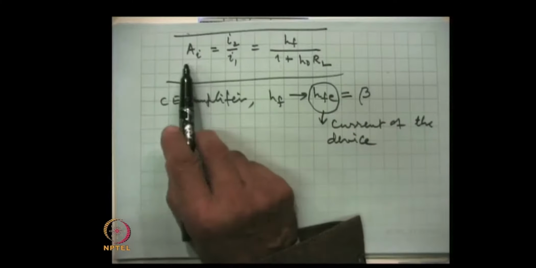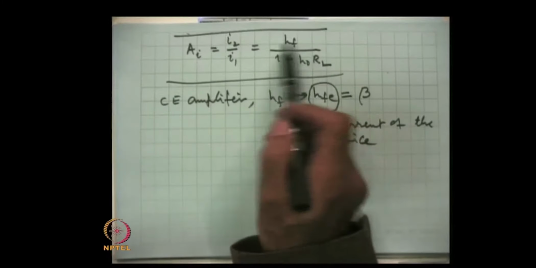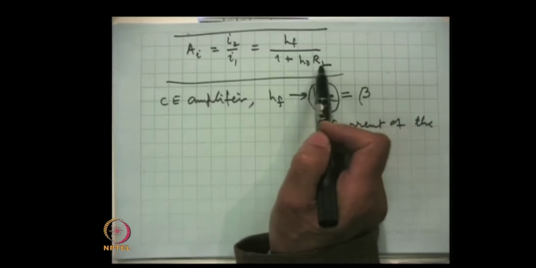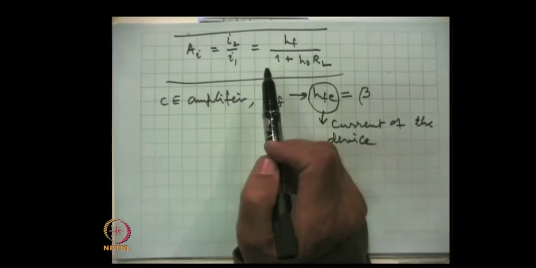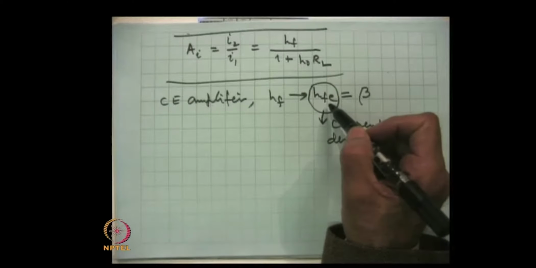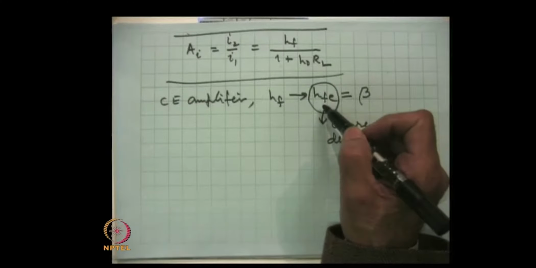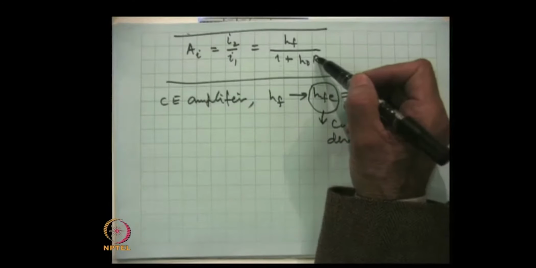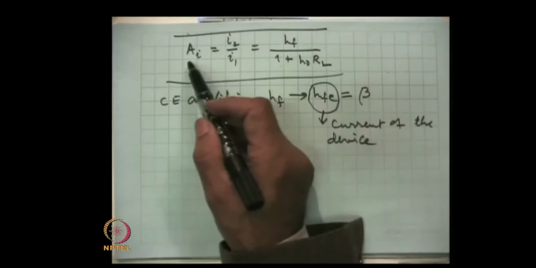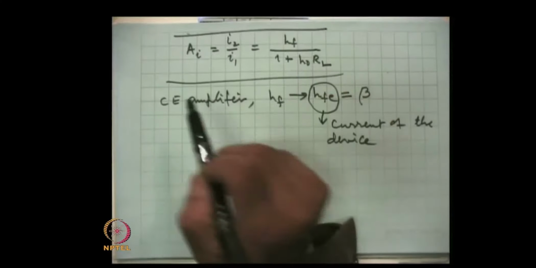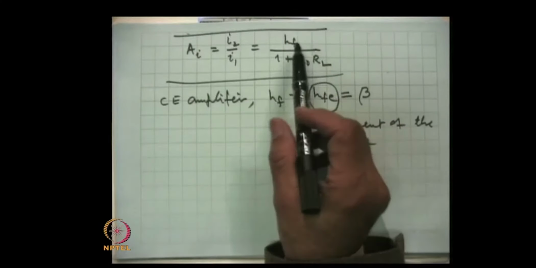That means this current gain is reduced by this factor 1 plus HO RL, and you remember that we measure HF with shorted output. So if RL is reduced to 0, then current gain will be equal to HF, same as of the device, but this is for the amplifier.